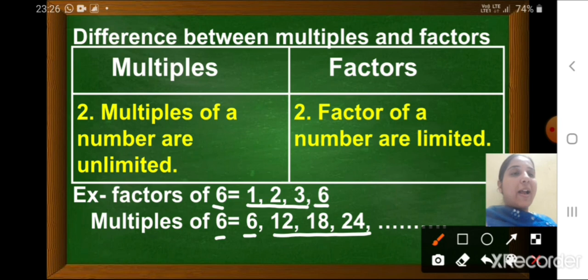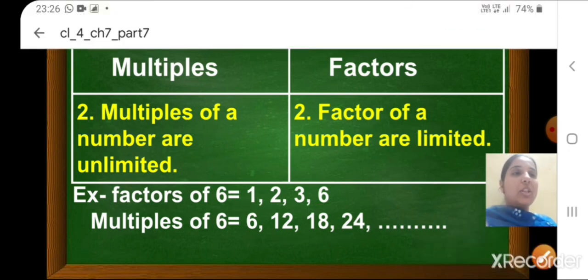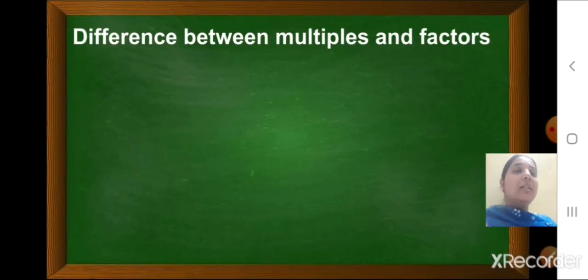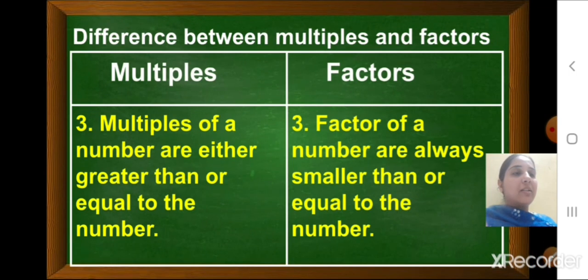Okay, so the factors are either equal or less than the given number, whereas the multiples are either equal or more than the given number. Okay, so these are the differences between multiples and factors.